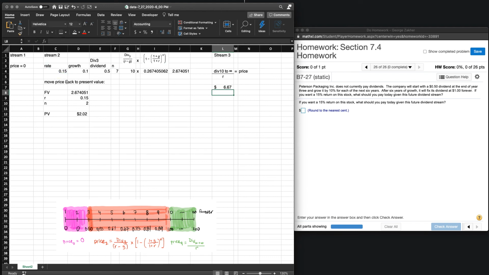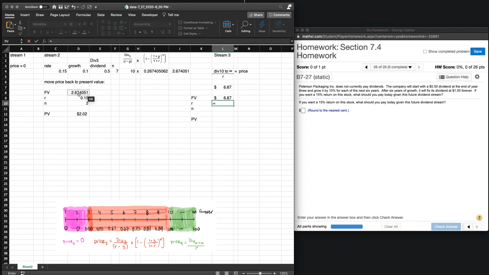But again, that's what it's worth at this point. We need to move that money back to the present value. So again, if we count back 1, 2, 3, 4, 5, 6, 7, 8, 9, so it's 9 periods back. So we can set ourselves up just like we did for stream 2. Our future value is the price we figured out, the rate is the same as always, and our number of periods is 9, as we just counted.